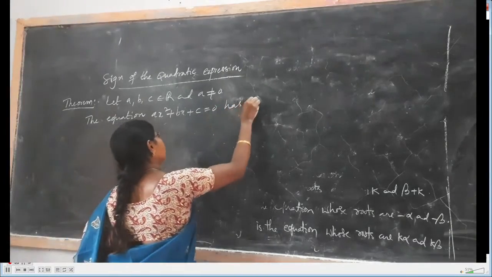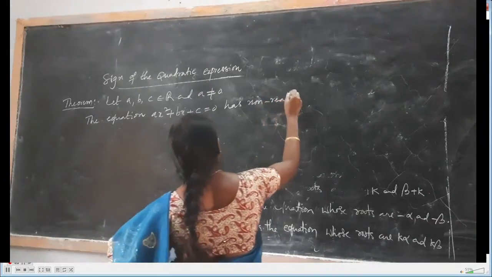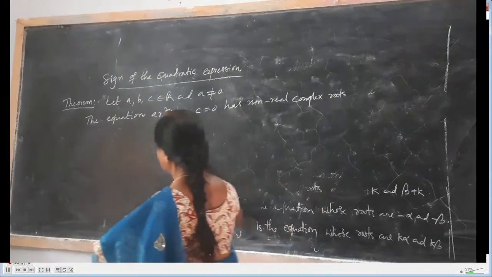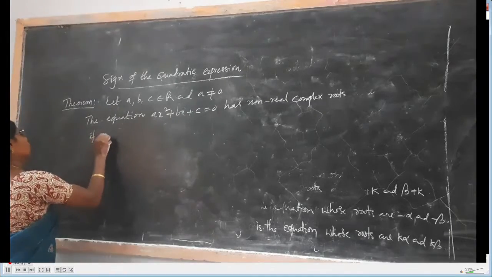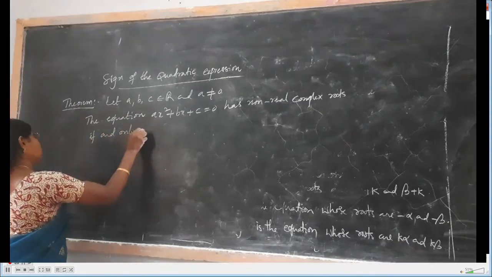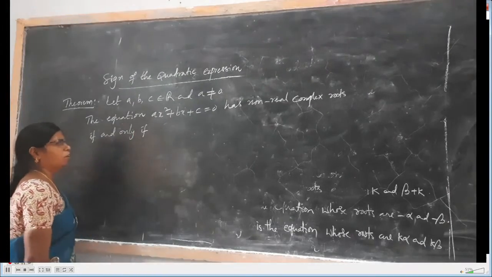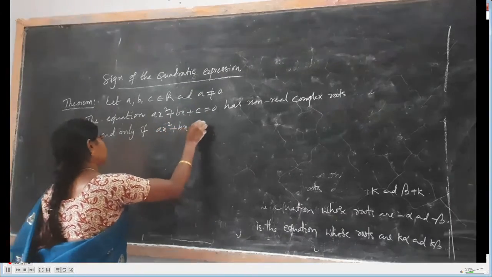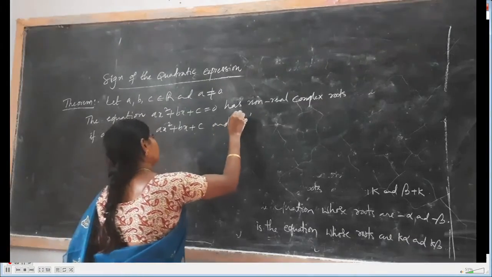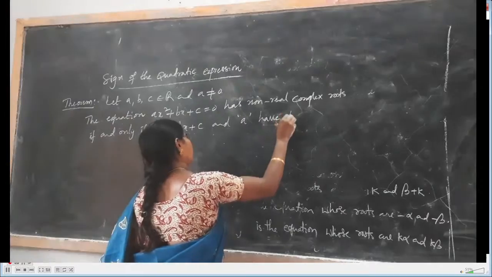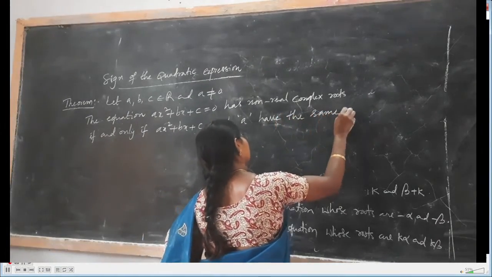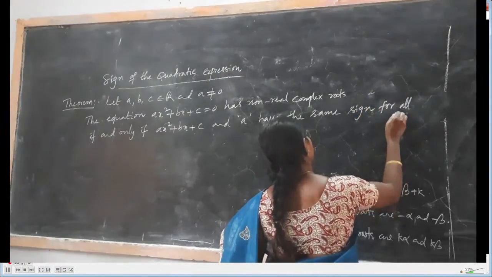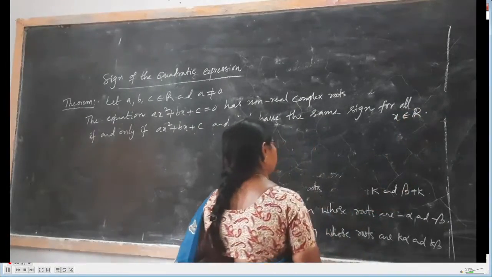Has non-real complex roots if and only if ax square plus bx plus c and a have the same sign for all x belongs to capital R. So this is our theorem.